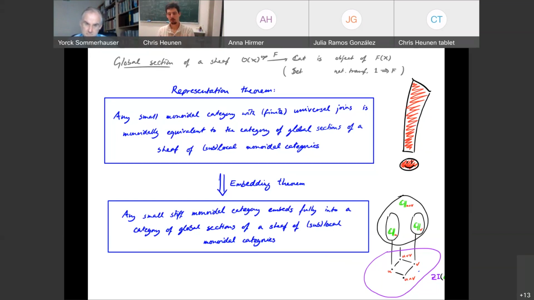But in fact, you can reconstruct C back out of this sheaf of tiny categories by looking at the global sections, which is in gray up there. If I have a category-valued sheaf, I will define a global section to be an object of the total category, the category that is the value of the sheaf at the open that is the whole space.